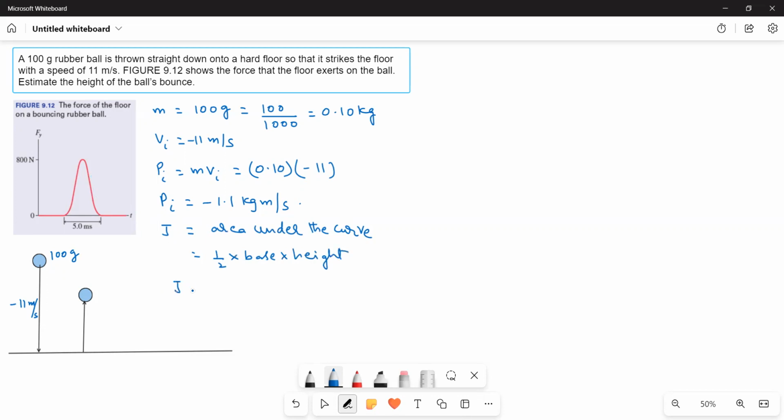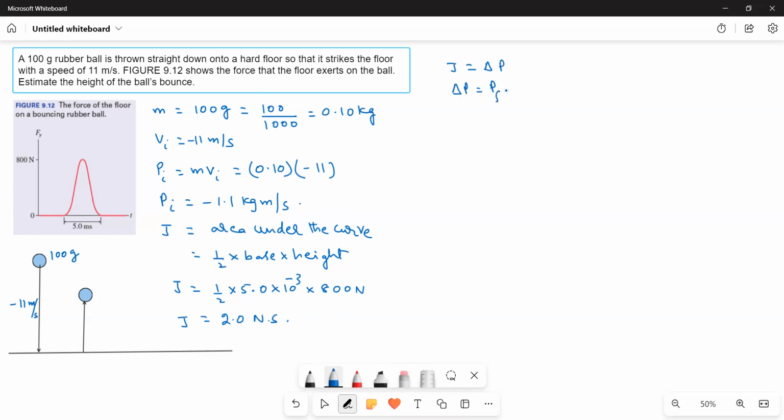So J is equal to half into base, which is 5 milliseconds, so 5 into 10 to the power of minus 3 seconds, into height, which is 800 newtons. So this is equal to 2 newton second. Okay, impulse.